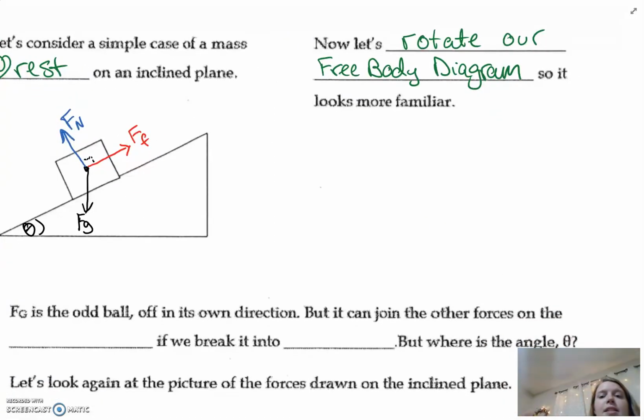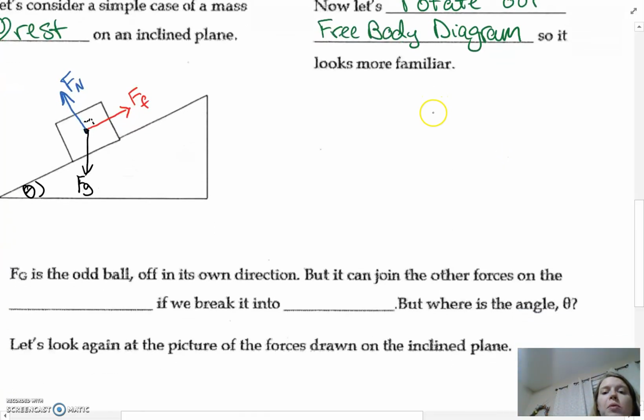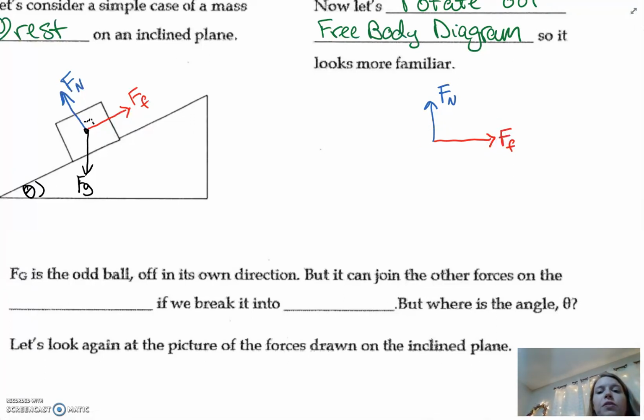It can help us to see that if we rotate the free body diagram so that the normal force is upright, like we're used to seeing, the frictional force is perpendicular to that. But the force of gravity is no longer down. It has this other direction that it's going in because of the angle theta here.